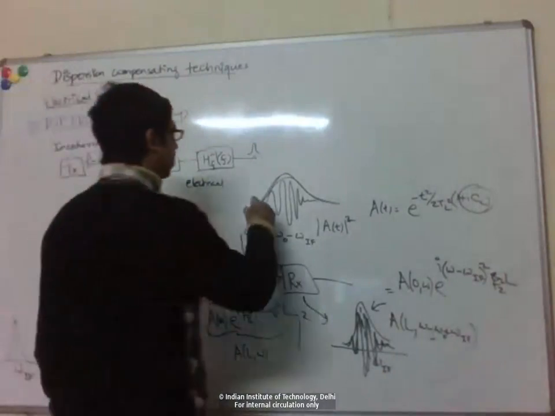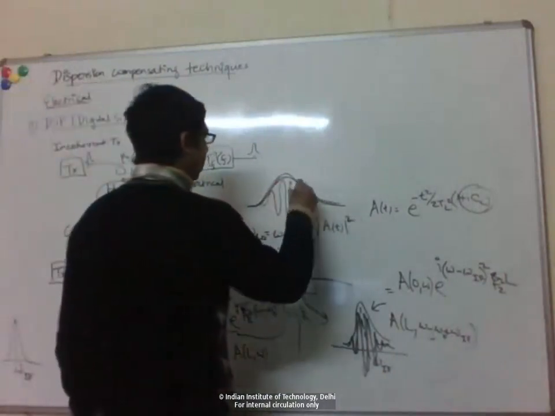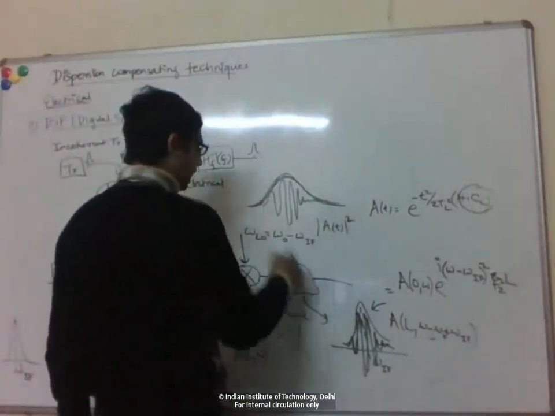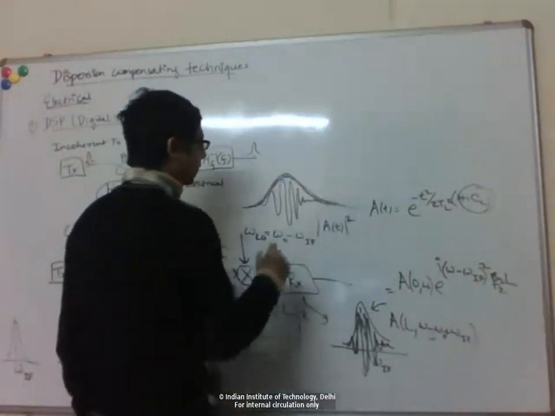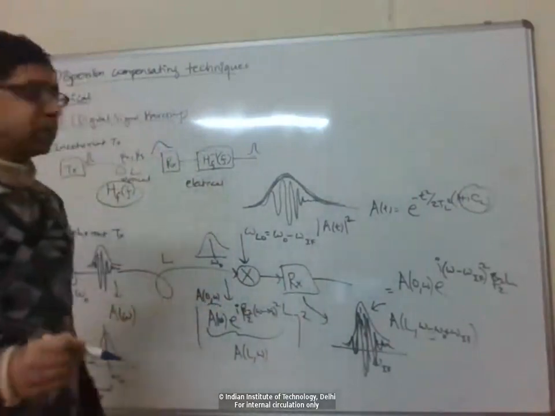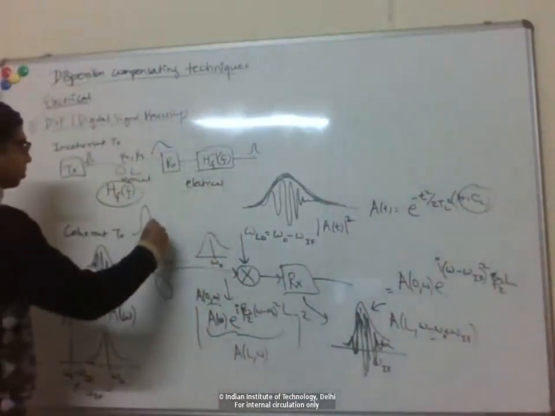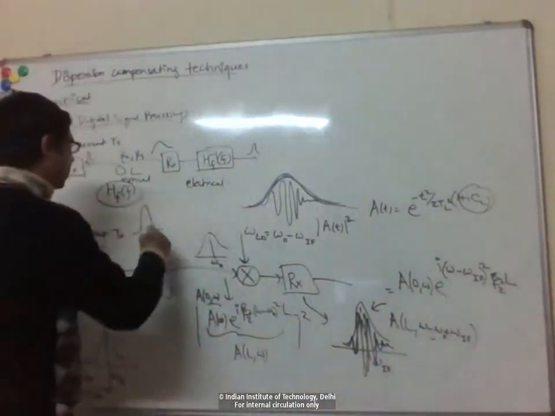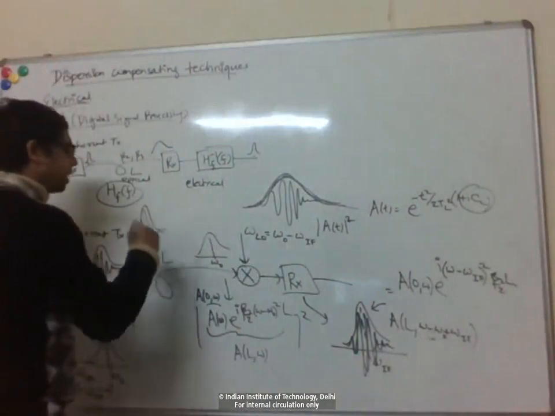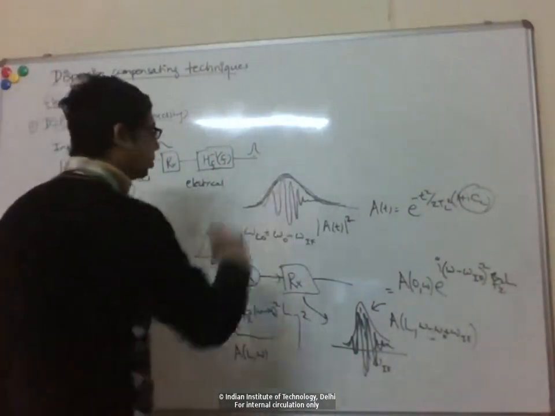And so now I just have an electrical signal. If I directly photo detect, I just have an electrical signal with a pulse like that. So how do I compensate it to get back this narrow pulse? Right? There is no way, because the difference between these two was in the phase of the carrier, right? That is what is leading to the broadening.